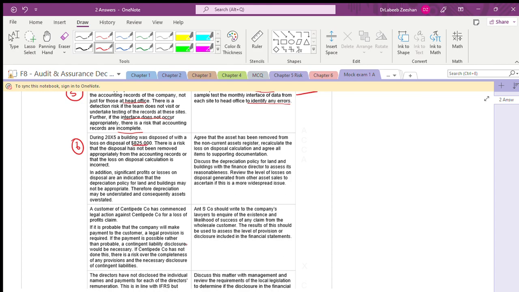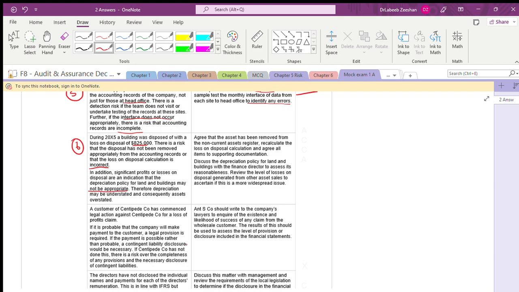There is a risk that the disposal has not been removed appropriately from the accounting records, or the loss on disposal is incorrect. In addition, significant profits or losses on disposals are an indication that the depreciation policy may not be appropriate.